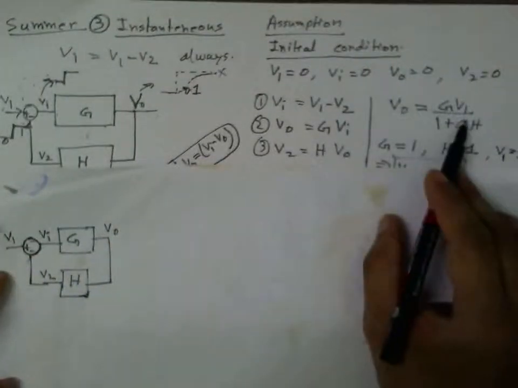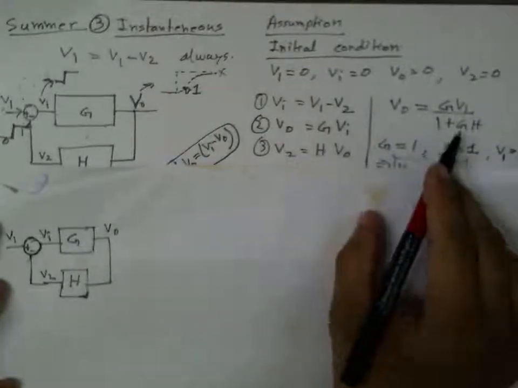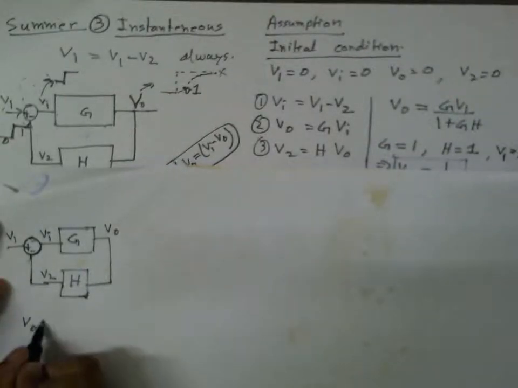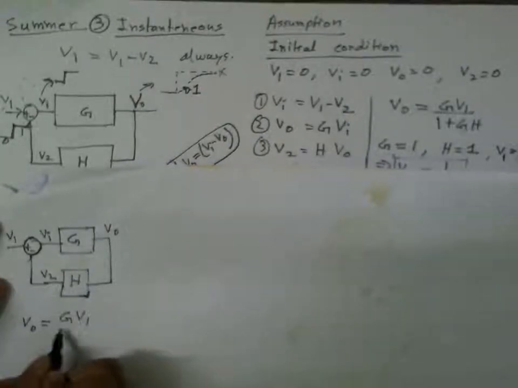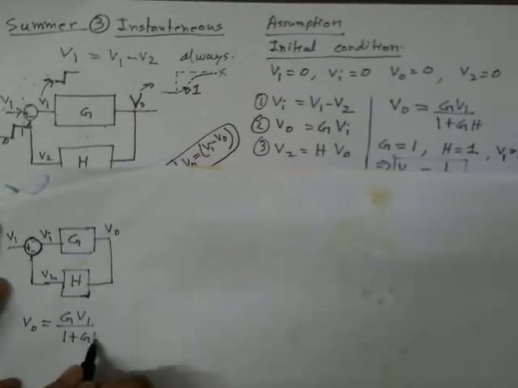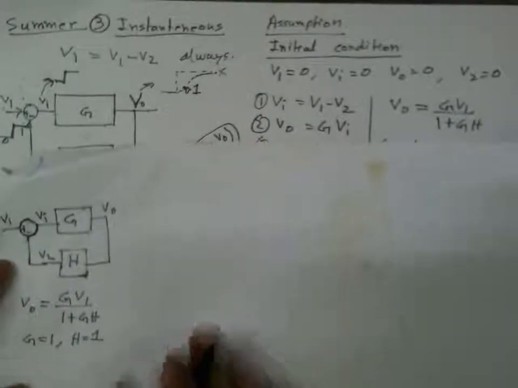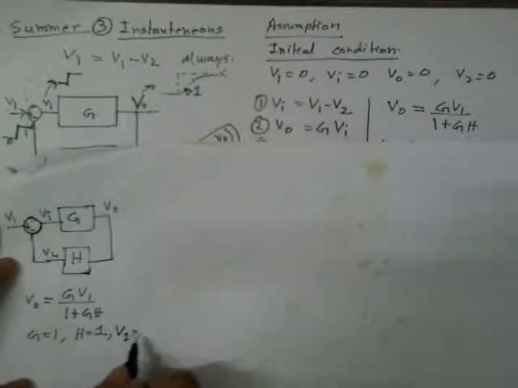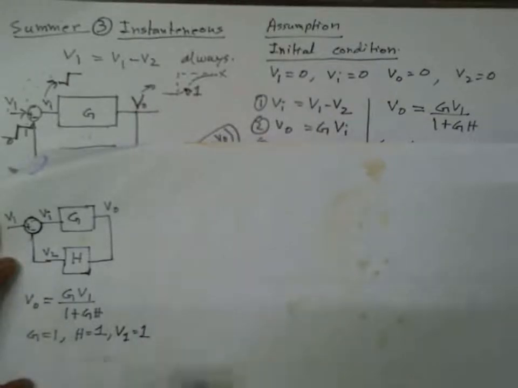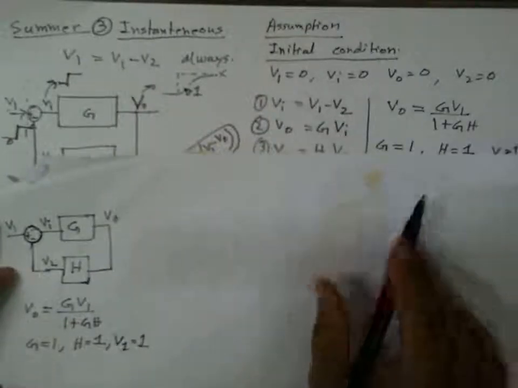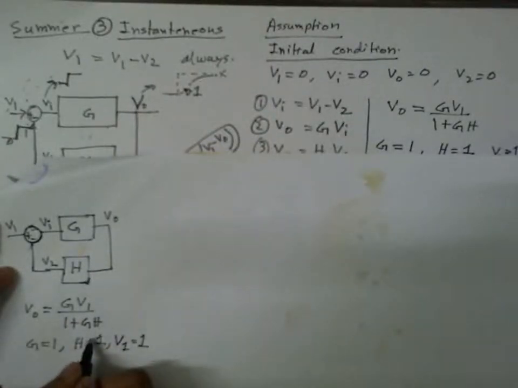And here this was the relationship we had from static analysis. This says VO is equal to G V1 by 1 plus GH. For simplicity, once again we will take G equals 1, H equals 1, and let's also take V1 equal to 1. So everything is 1. Okay, one thing will change. Here I'll take H equal to minus 1.